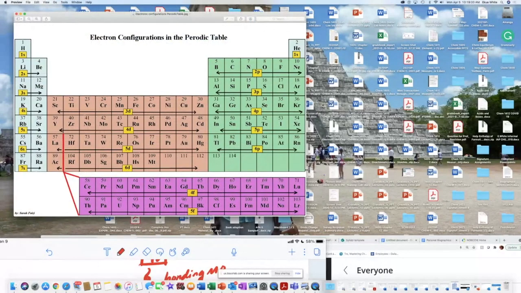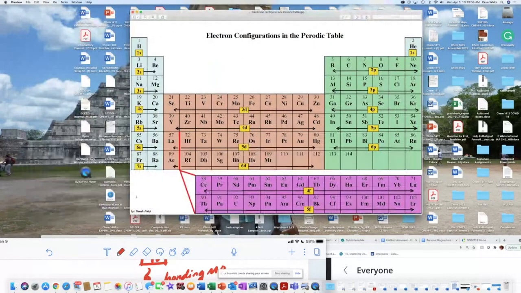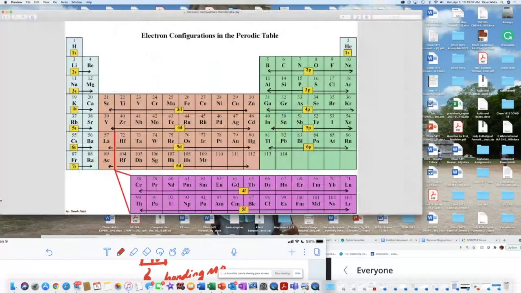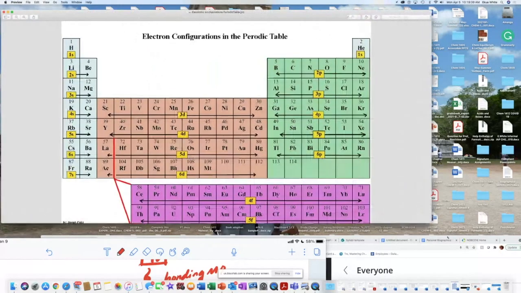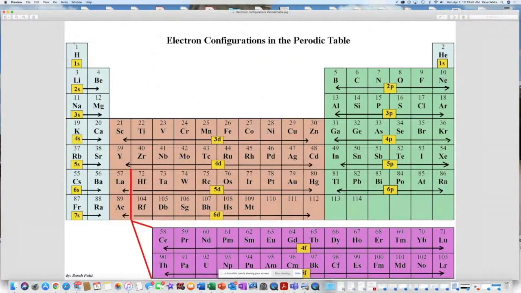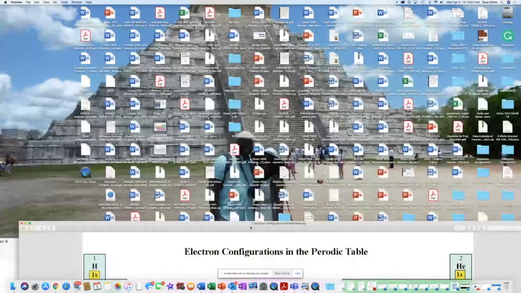Hold on. Can I make this bigger? Because the hydrogen is in that 1s sublevel, it uses the s orbital to bond. So because of that, it has to do sigma bonding.